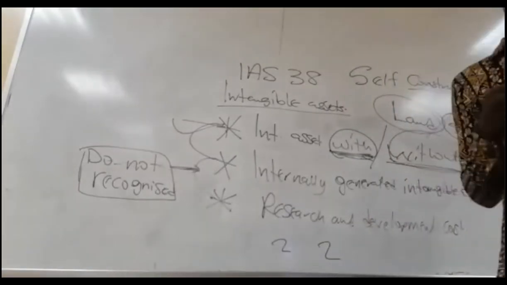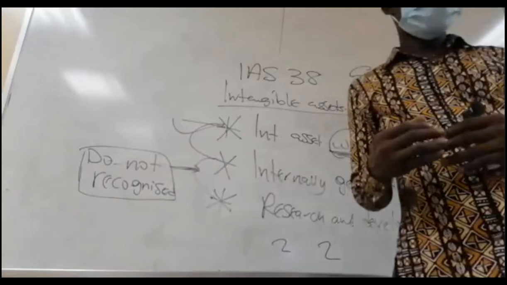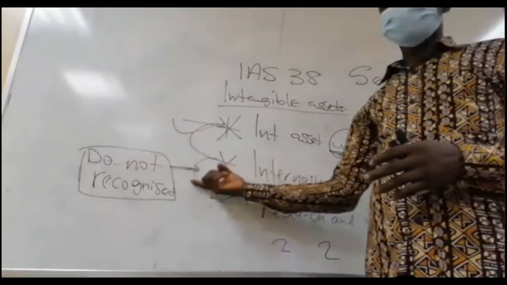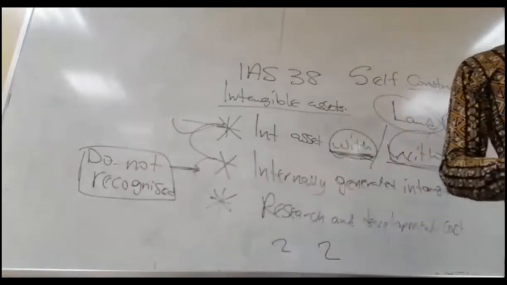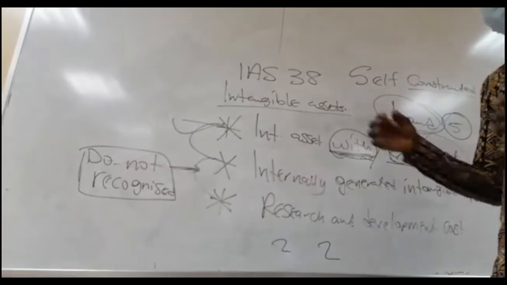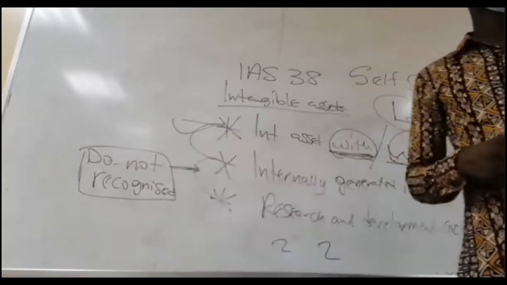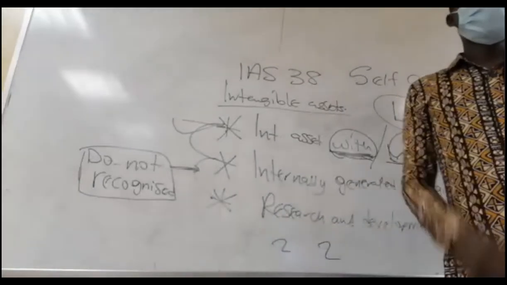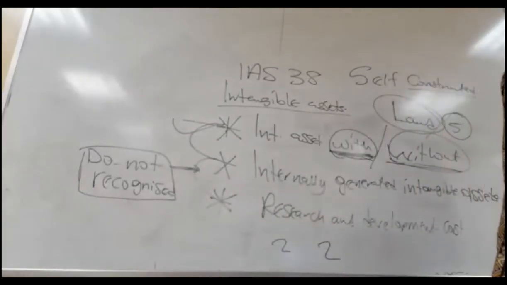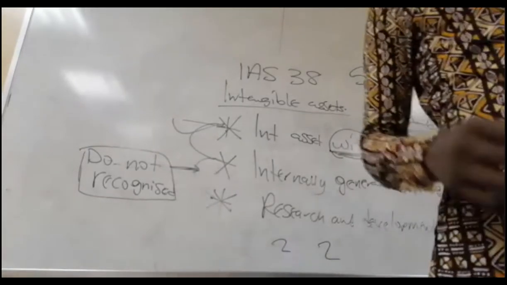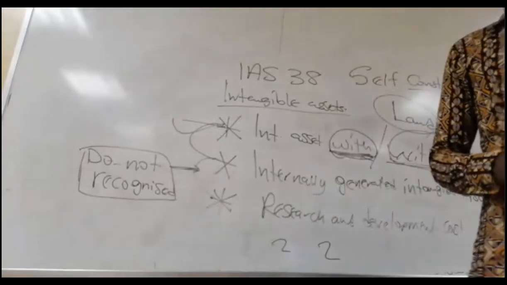No, we are saying that most often you cannot separate the cost from the normal overheads. As a result, we should not record it in the books. So any internally generated intangible, or self-constructed asset, whose costs you cannot separate should not be recorded in the books.